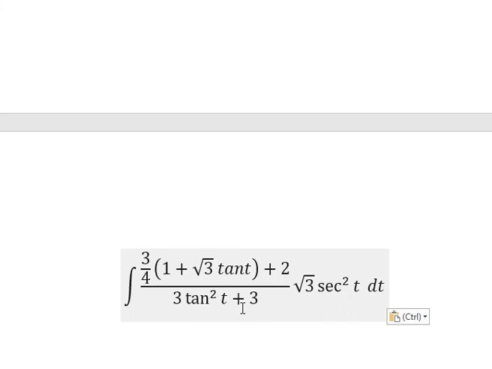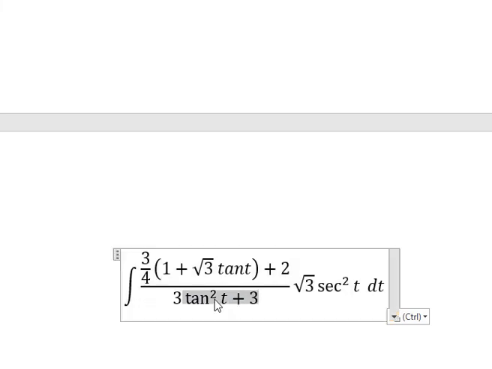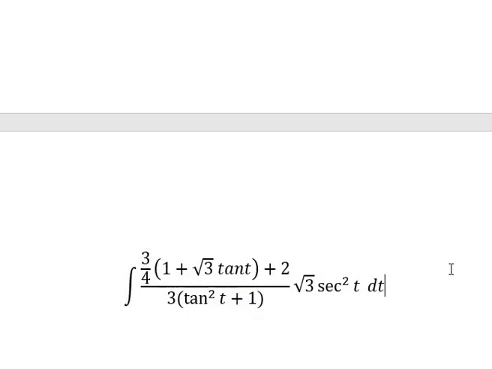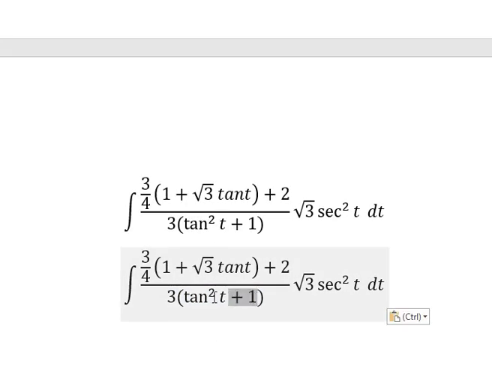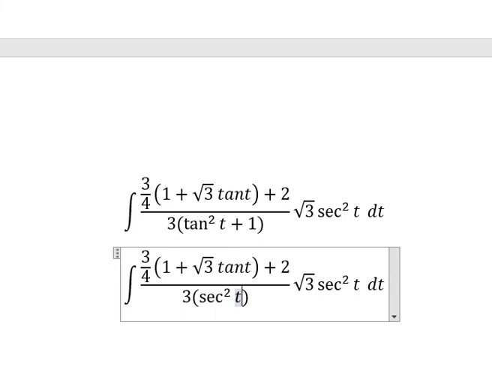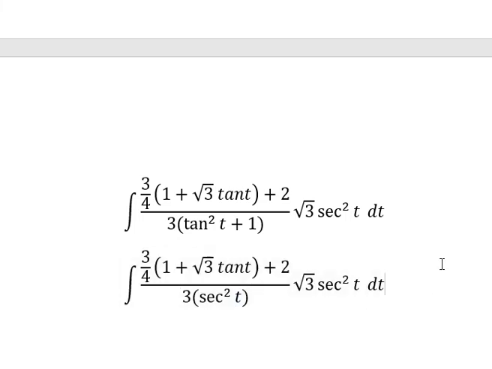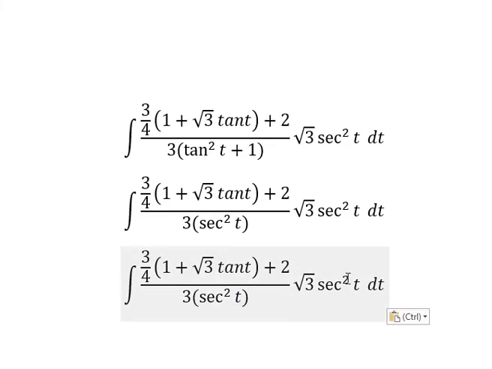So number 3 and number 3 we can factorize. And this one we change for secant of t square. Now we simplify secant of t square on numerator and denominator.